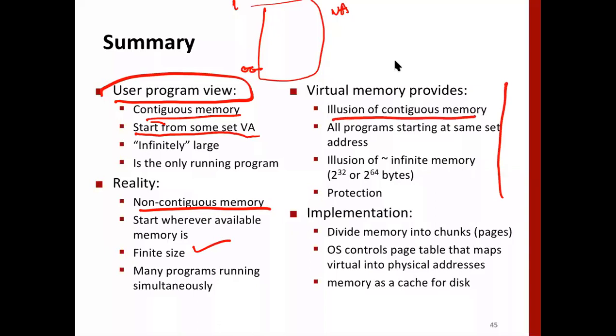And it gives the running process the illusion of kind of infinite memory. It also provides protection. The way to implement this is to convert memory into pages, and create swap space as soon as the process is created.